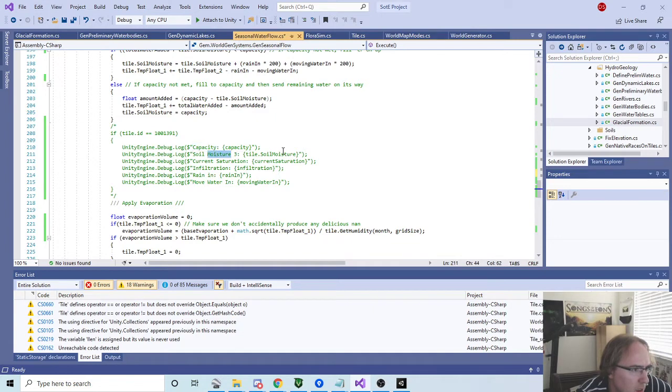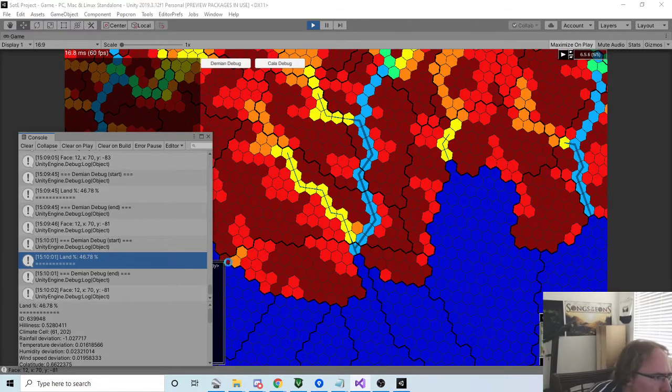Capacity, soil moisture. Well, a lot of this stuff is going to get logged out in that tile anyway. Current saturation, infiltration, rain in. Okay, here we go. Let's change the ID. 6, 3, 9, 9, 4, 8.